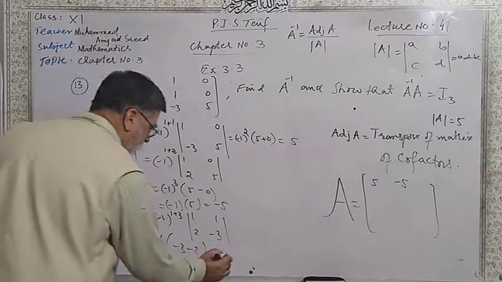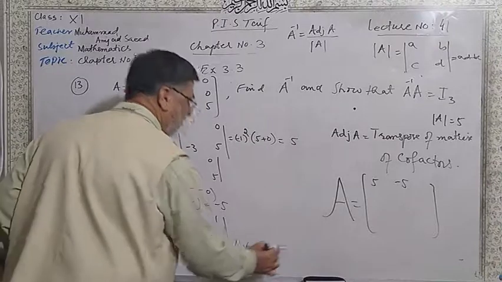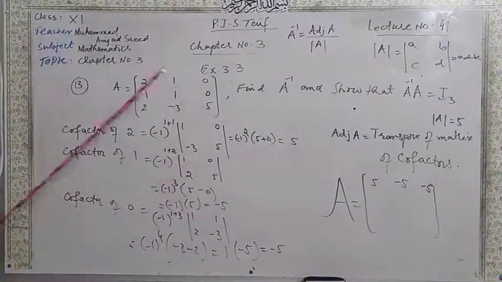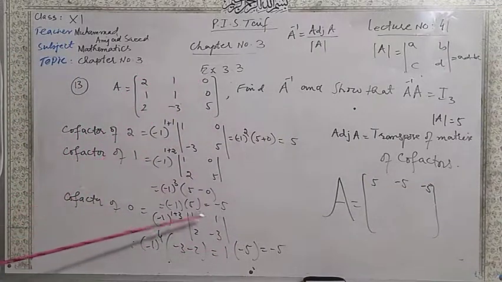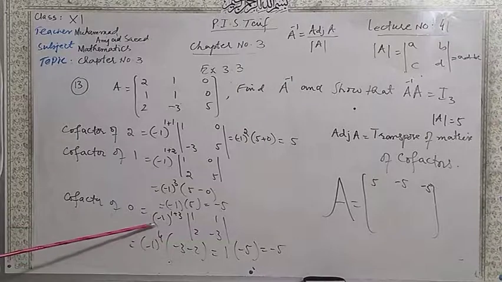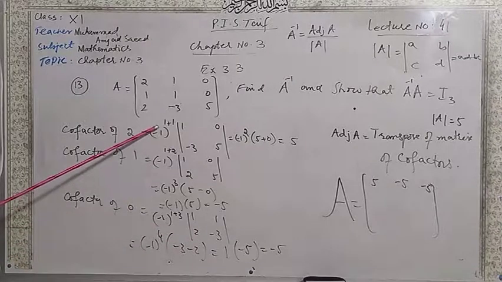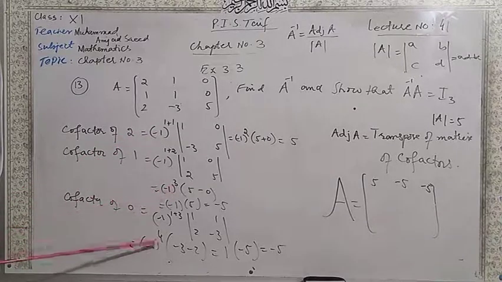Remember that this minus 1 power 4 is 1. This is minus 5. So here is minus 5. Dear students, plus, minus, plus, that was the sign. We are using that. Here is plus, here is minus, then here is plus.